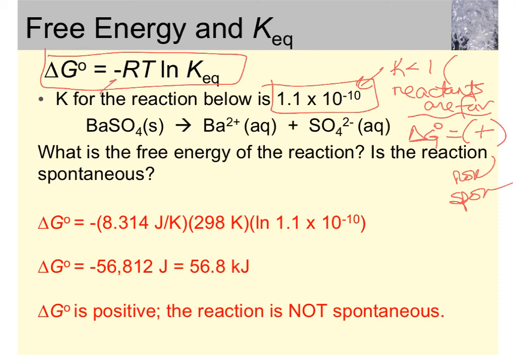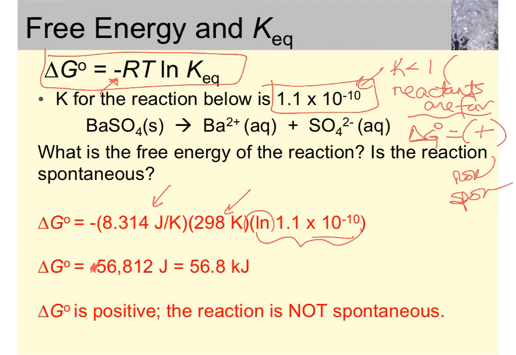Also, don't forget there is a negative sign in this equation. That's commonly left out. So plugging in all the values, make sure you use Kelvin and that this is a natural logarithmic function. Plug in the value for K. Now, as I speak, I see a little error here. The natural log of any value that is less than 1 is going to be a negative value.